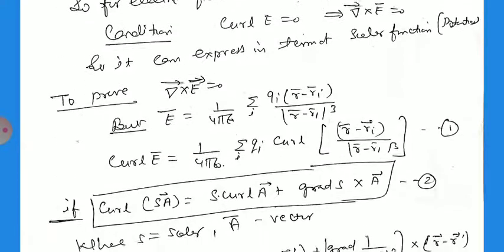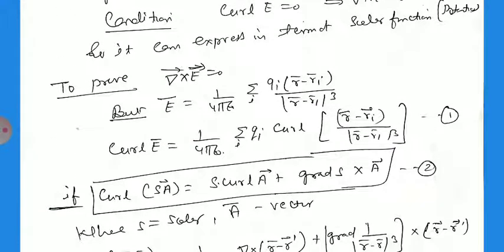If we want the curl of it, then the curl of E equal to 1 by 4 pi epsilon naught, sigma of q_i, curl of (r minus r_i) divided by |r minus r_i| cubed. For the curl of S A, we know very well, S is the scalar and A is the vector, so we can write curl of S A equal to S times curl A plus gradient S cross A, where S is scalar and A is vector.